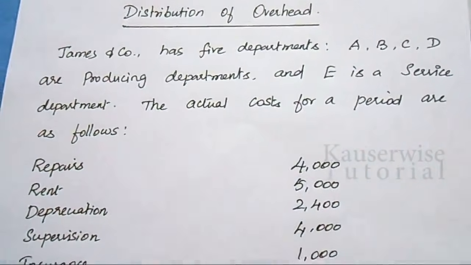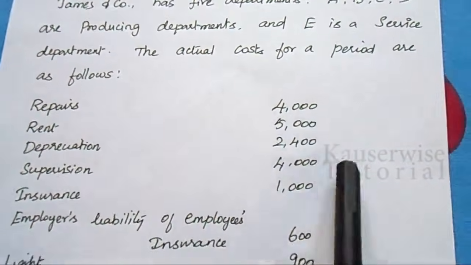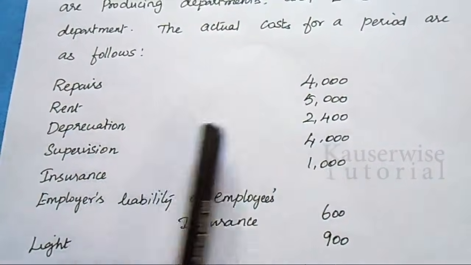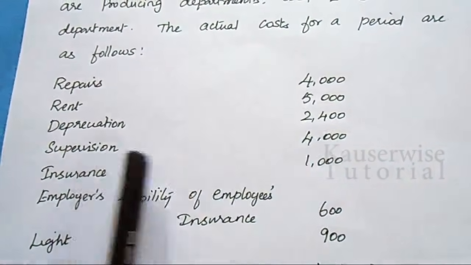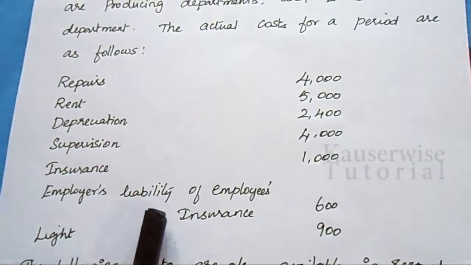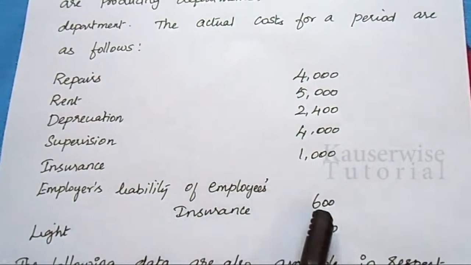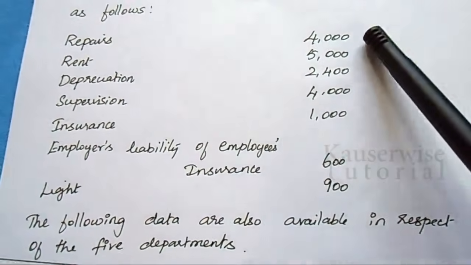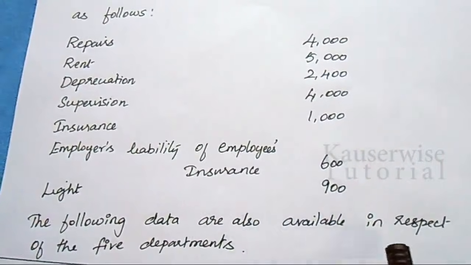Total repairs 4,000, rent 5,000, depreciation 2,400, supervision 4,000, insurance 1,000, employees' liability insurance 600, lighting, that is light expense, 900 rupees. So these are the total expenses incurred for the particular month.